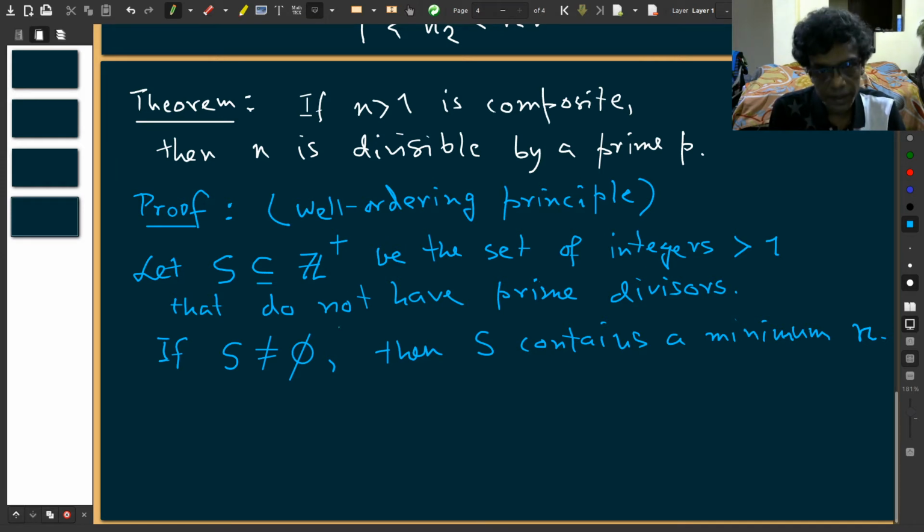Now, N cannot be prime, because if so, it has a prime divisor, namely itself. So that means N is composite.